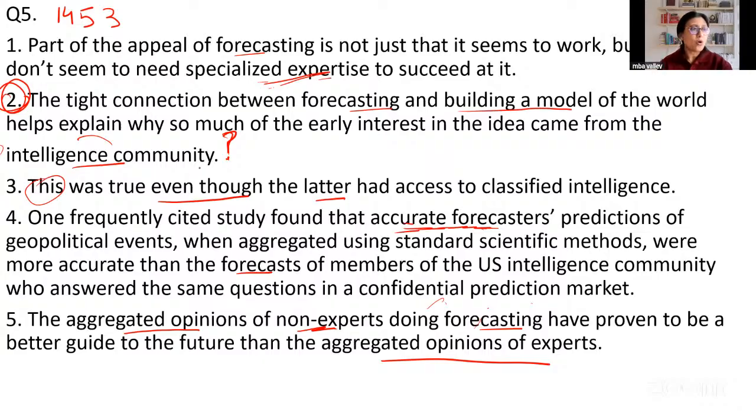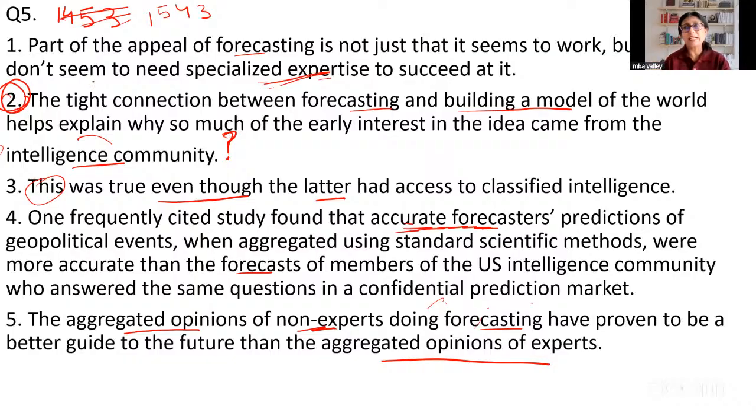Now, out of all this, in this manner, so sentence number 1, guys, I'm sorry, I've written 5 before 4. I'll write it again. Sentence number 1, and then sentence number 5, then sentence number 4, and then sentence number 3. That makes a coherent paragraph, right? While sentence number 2 just goes beyond what we are talking about. Sentence number 2 is talking about the intelligence community.